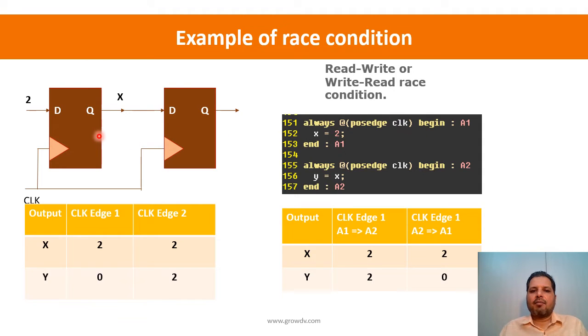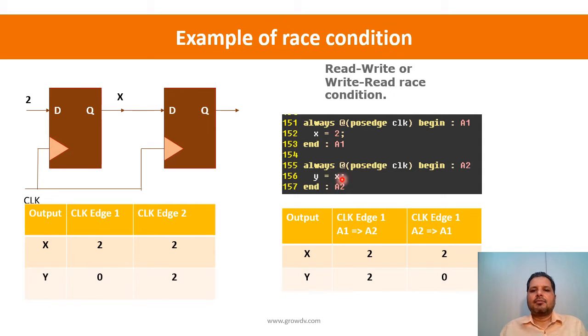Now let's say I model this circuit this way: at always posedge of clock, I have always block 1 where I say X equal to 2, and again at posedge of clock I have always block 2 where I just say Y equal to X. How does this work?